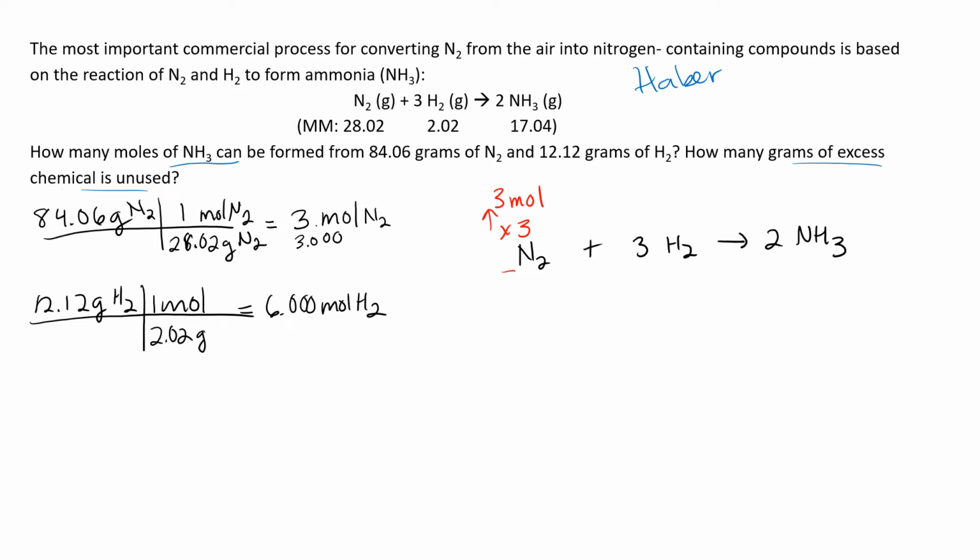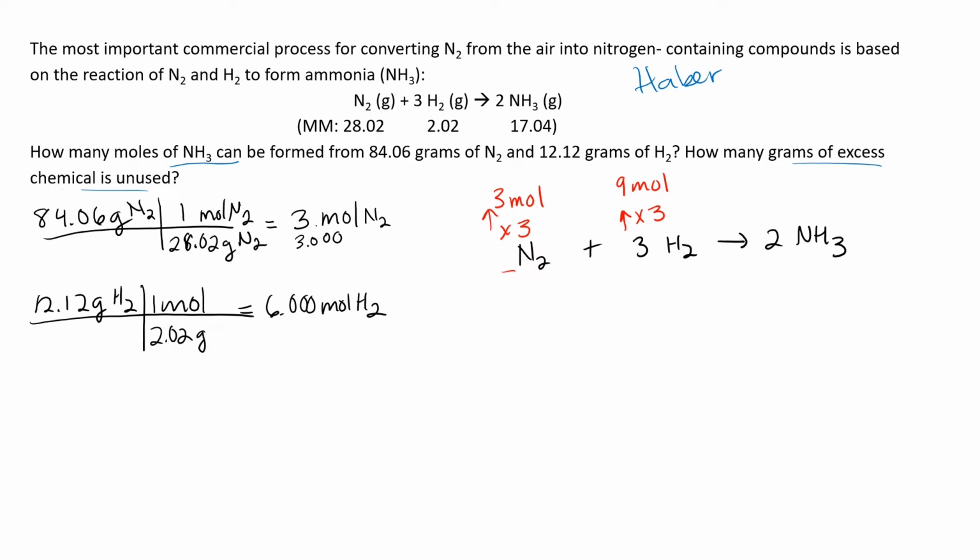I have 3 moles of nitrogen. Every time I do the reaction, I'm using 1 mole of it. So I'm doing the reaction 3 times. I'm going to do the same thing with my hydrogen. Well, if I do the reaction 3 times for nitrogen, I'd have to use 3 times the amount of hydrogen. So that's 9 moles of hydrogen to go with it.